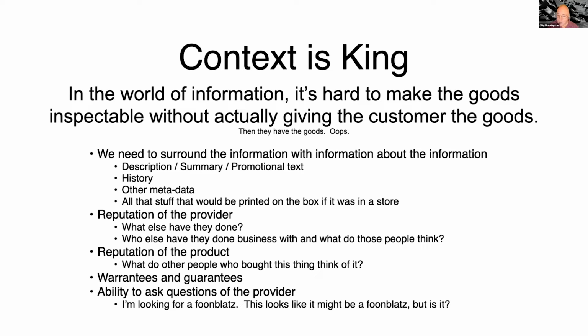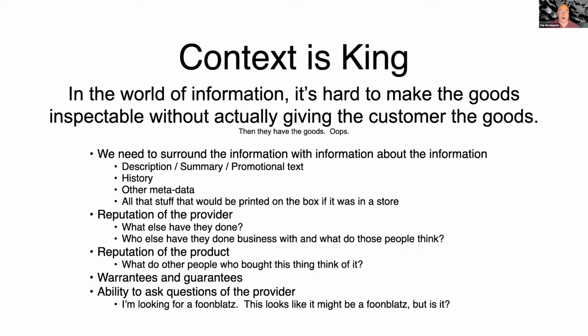And so there's much more of a need for someone to be able to get meta information and context to make judgments about something before they've actually gotten the thing that they might or might not be choosing to pay money to get. So you need to surround the information with information about the information.